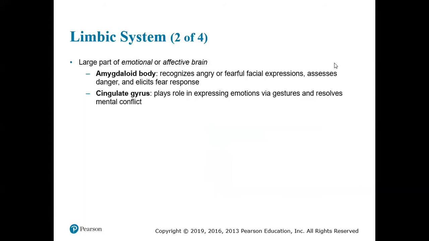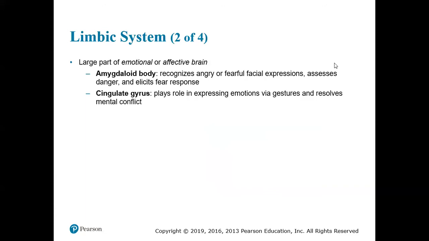This helps you assess whether you're going to be in danger or possibly have a fear response. Individuals that are unable to recognize someone who is angry, or different types of facial expressions, may have part of the limbic system, specifically the amygdaloid body, possibly damaged, or there could be something wrong there which prevents them from assessing these things.